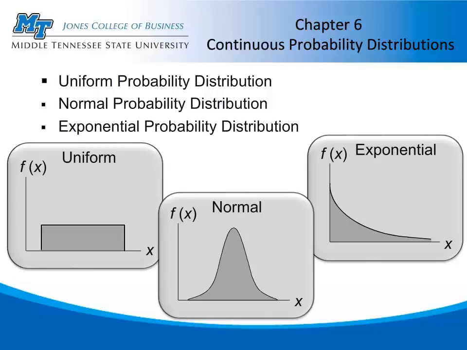When you look at the area that's shaded in each one of these curves, that represents the probability, and the probability is always going to be 1. When you add up all the probabilities, they always have to add up to 1. So the area that's under these curves, the shaded spot, is always going to be 1. The normal is nice and symmetric, the uniform is nice and symmetric, but the exponential is skewed to the right.